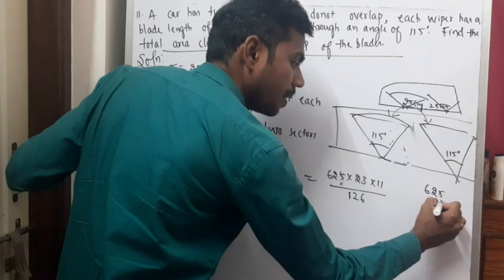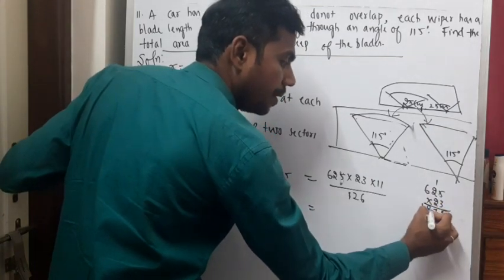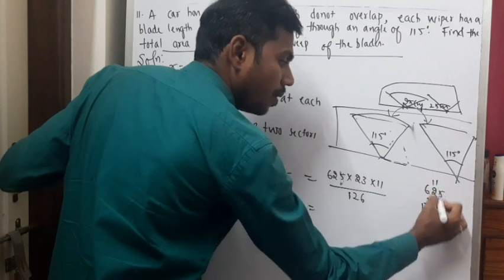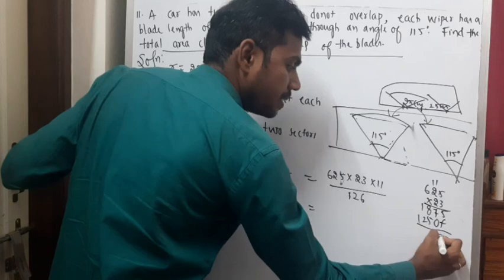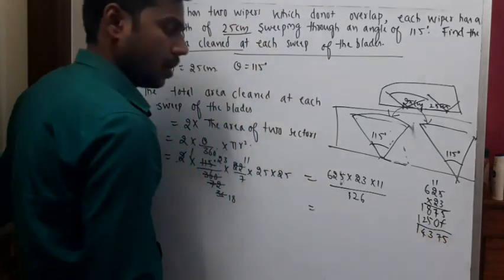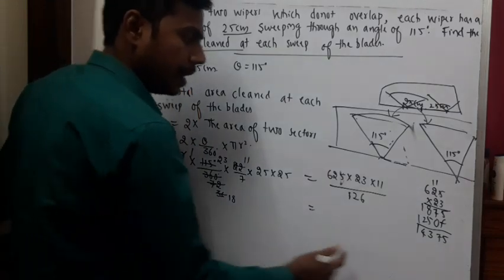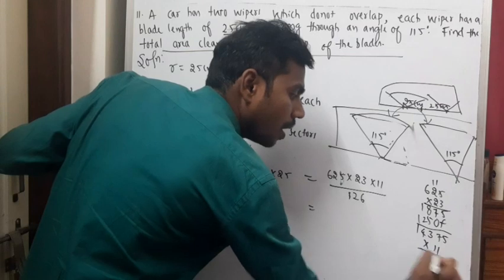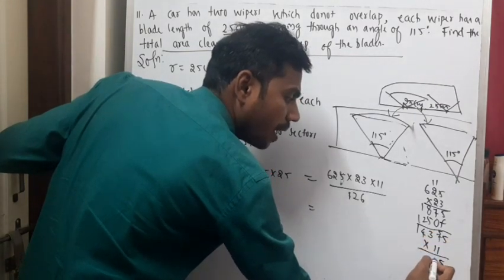625 into 23. 3 5s are 15, carry 1. 3 2s are 6, 7. 3 6s are 18. 2 5s are 10. 2 2s are 4 plus 1, 5. 2 6s are 12. That is 14,375 into 11. 11 5s are 55. 11 7s are 77 plus 5, 82.